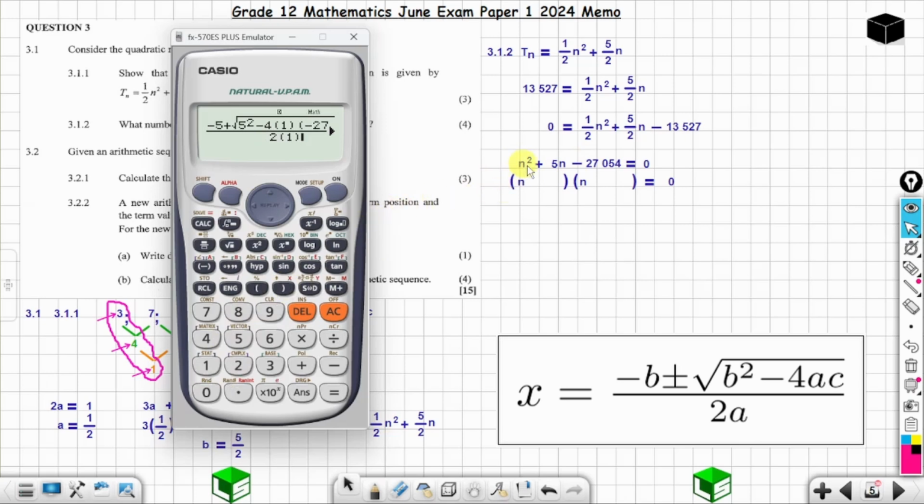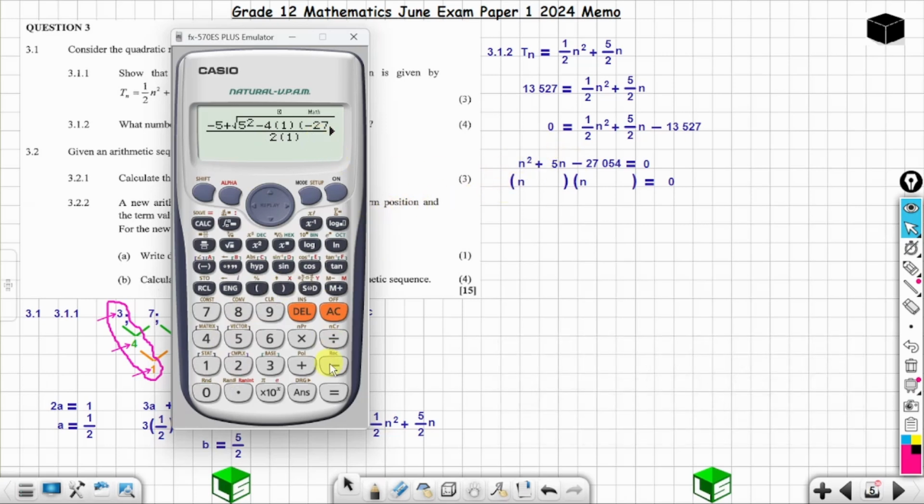You have an invisible 1 in front of n squared. So this is equal to 162. Remember, when you are going to solve, you are going to have n is equal to 162.